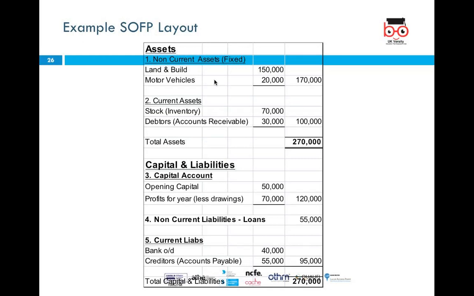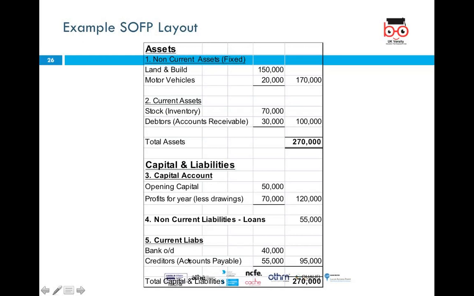Current assets are cash or other assets, such as stocks or inventory and accounts receivable, held for conversion to cash in the normal course of business. So these are the very typical heads of non-current assets and current assets. We have cash here, then a capital account, and a current liability.